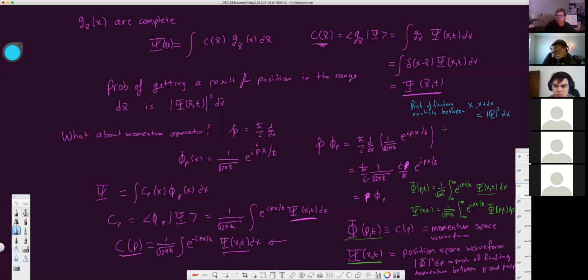And then the probability of finding the particle's momentum between p and p plus dp is phi star phi dp.